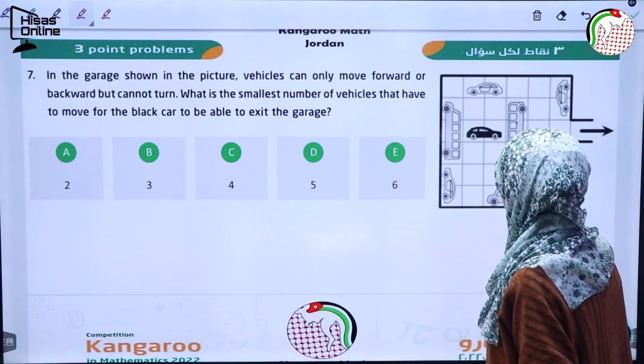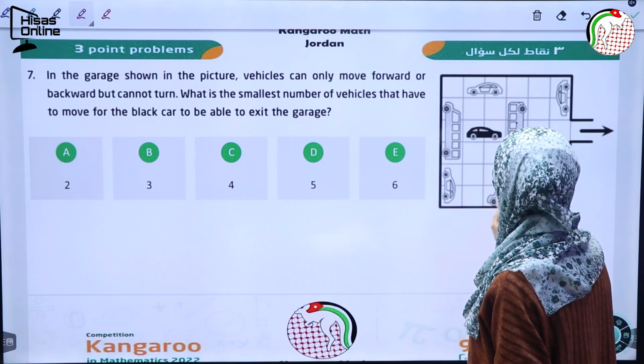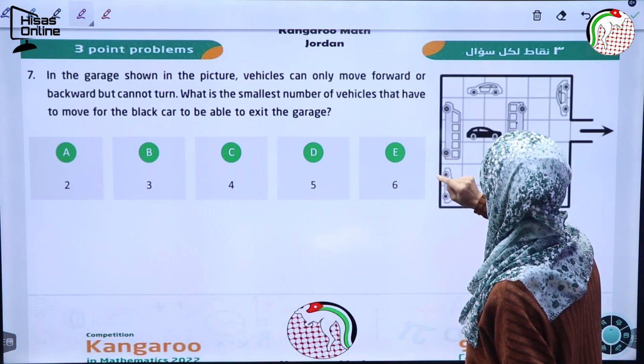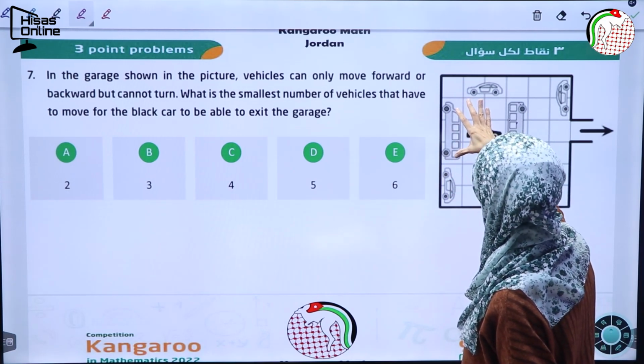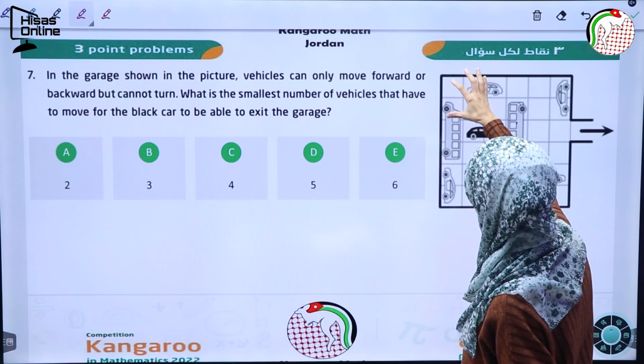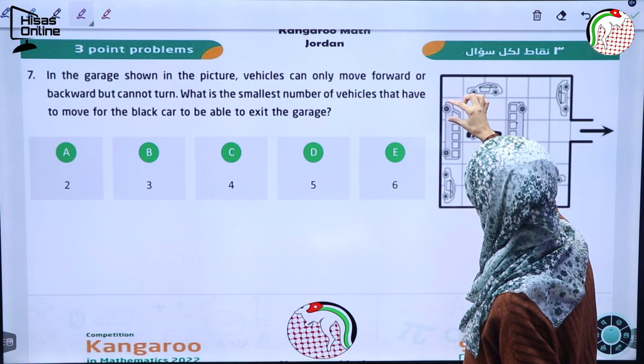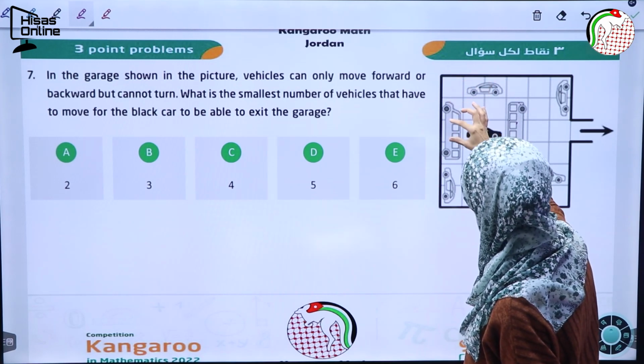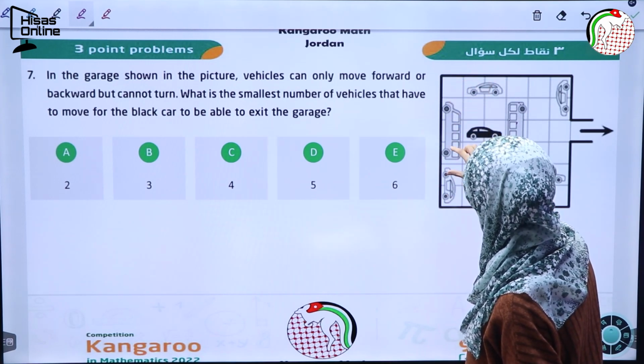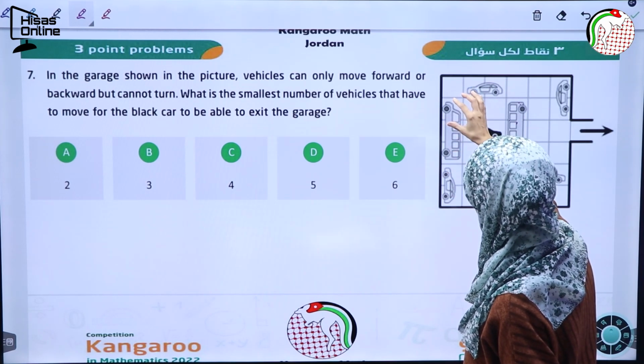So how can this be made? I need to free this space here. So I need to make this car move 1 here. The length of this is 1, 2, and 3. Now I need to move this car again, following this bus.